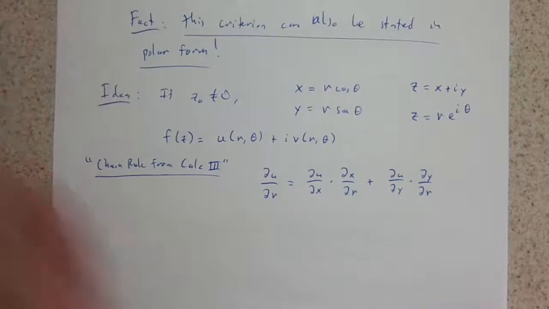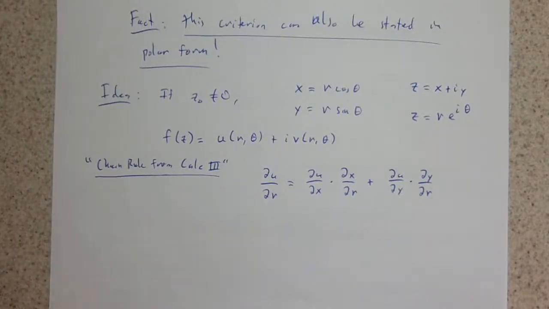The way that you're supposed to remember these formulas, so there's not just one chain rule from Calc 3. That's part of the thing. It depends on the variable that you're actually computing the partial derivative of, what thing you have to add out here. So I'm not going to go too much into that.